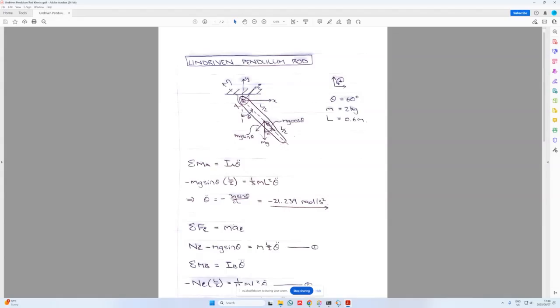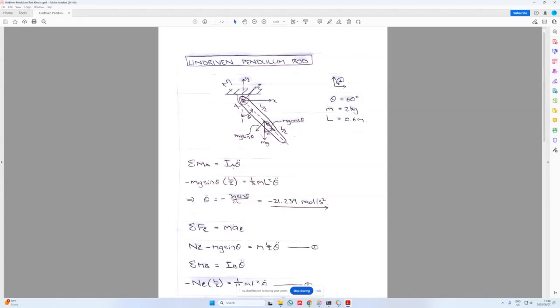If I'm situated at point A, the only force that is going to cause a moment is this mg sine theta, so this component of the weight. This is the perpendicular component multiplied by the actual moment arm, which is L over 2. And this is the net moment that I calculate on the left-hand side.